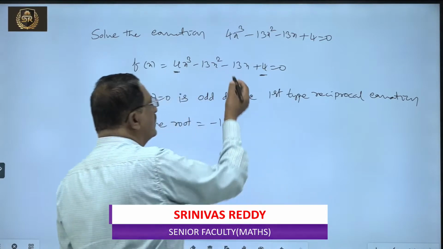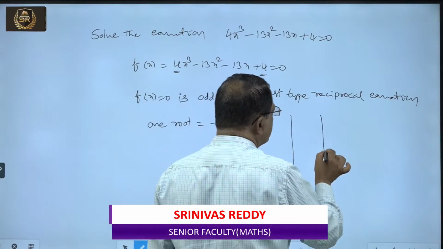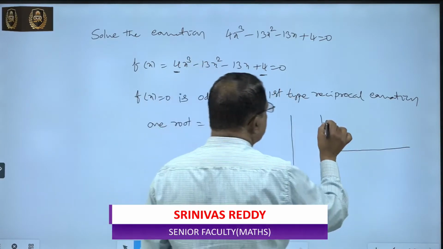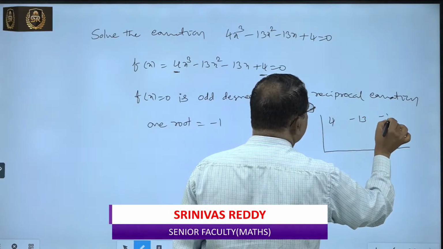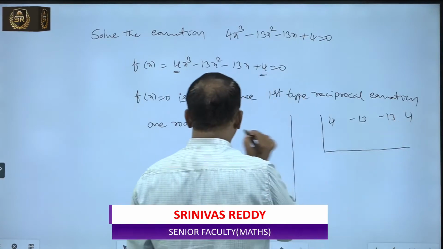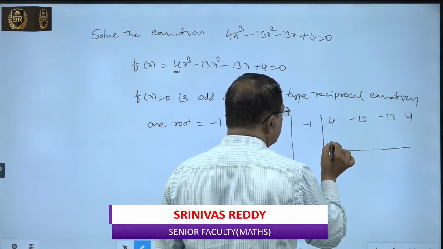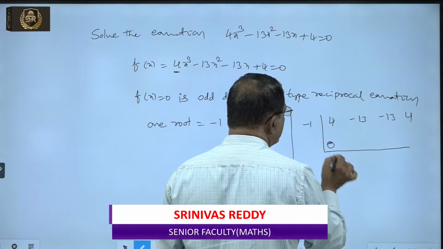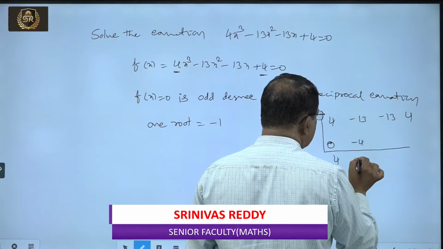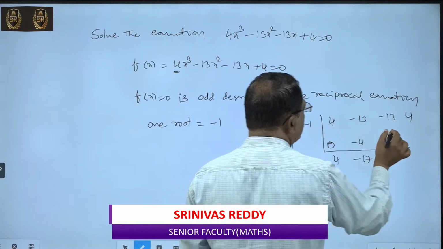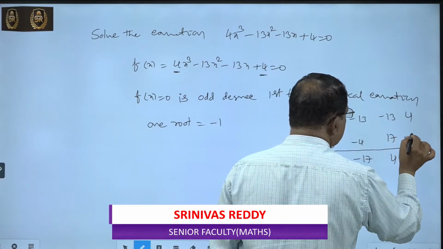Now, we require the other two roots. By using the synthetic division method, first write the coefficients 4, minus 13, minus 13, 4. Here x equals minus 1. Now, 0 first always, 4 plus 0 is 4, 4 into minus 1 is minus 4, minus 13 minus 4 is minus 17, minus 17 into minus 1 is 17, minus 13 plus 17 is 4, 4 into minus 1 is minus 4.